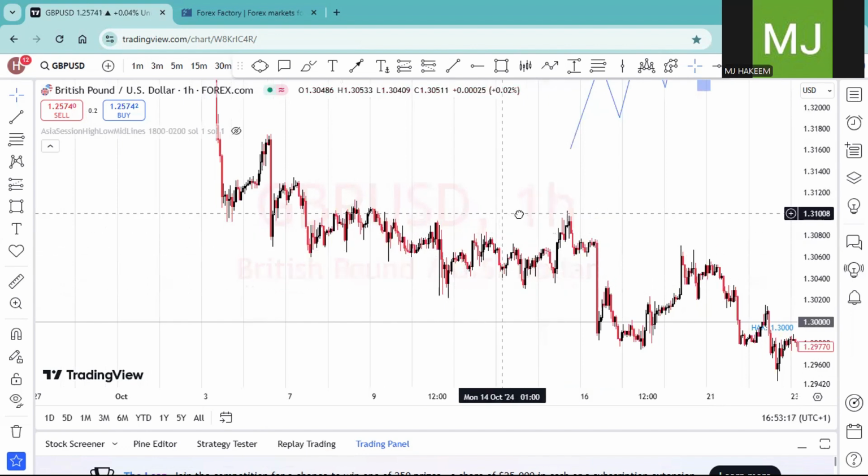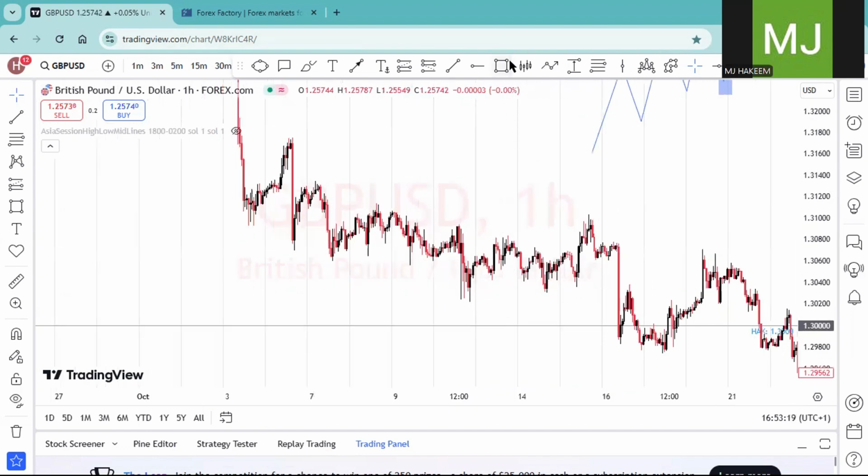Now let's look at the way you can mark a real lower high and a lower low. If the market is in a downtrend, a real lower high that the market forms, next time the market is coming back, it will never take it out, except if that level is a liquidity, which we are going to cover in our next class. Now let's look here.